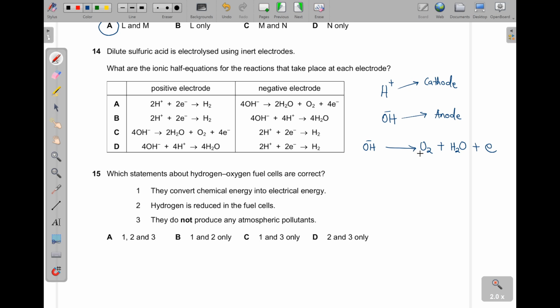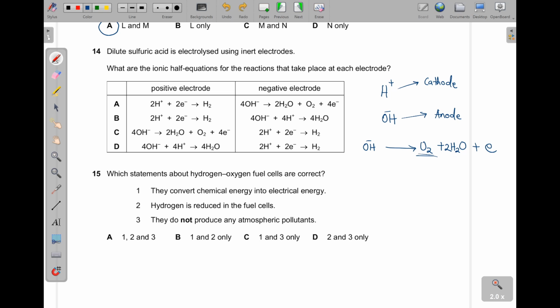Because for us to get this oxygen here, oxygen is losing the charge here. It is charge -2, but then here for the element, it comes out as 0. So this is what we call oxidation, okay? Loss of electrons.